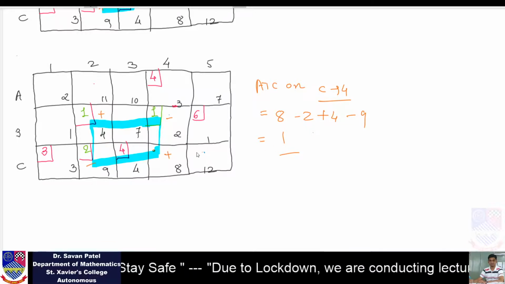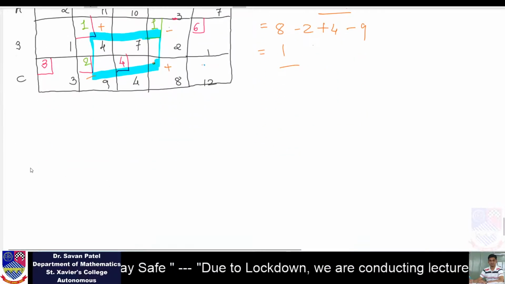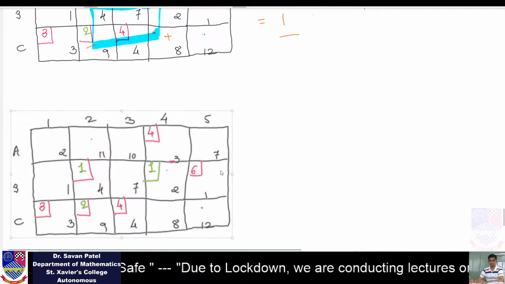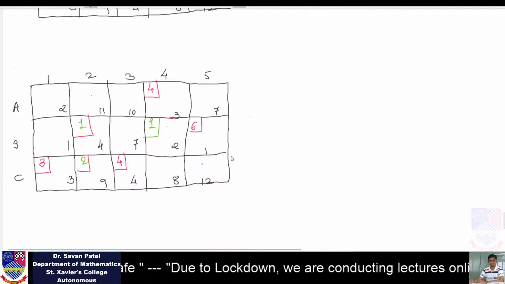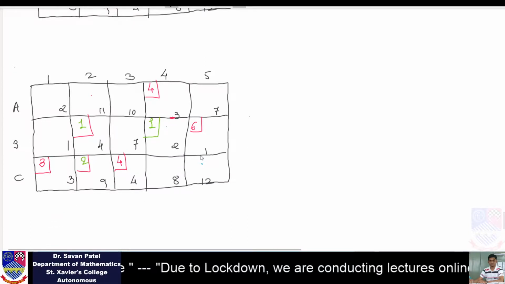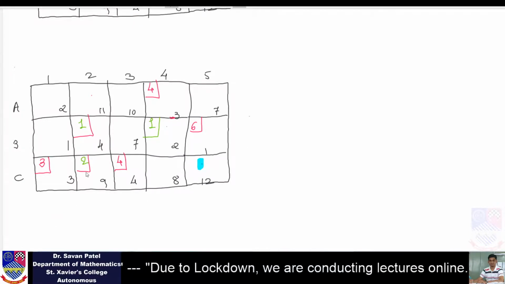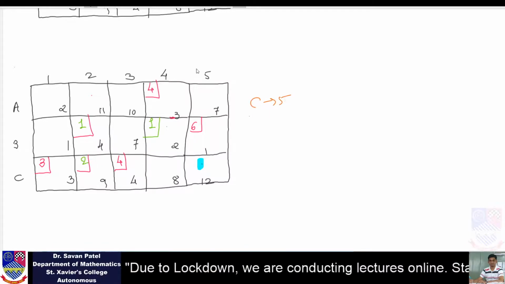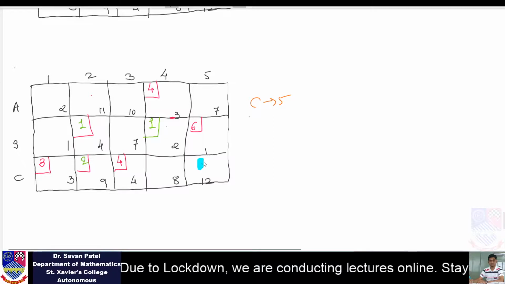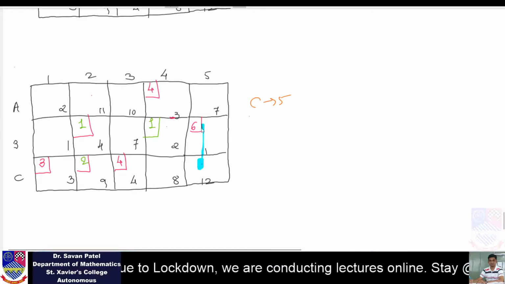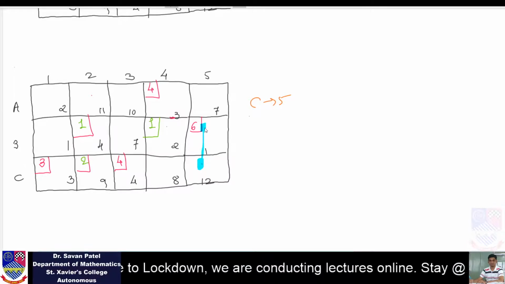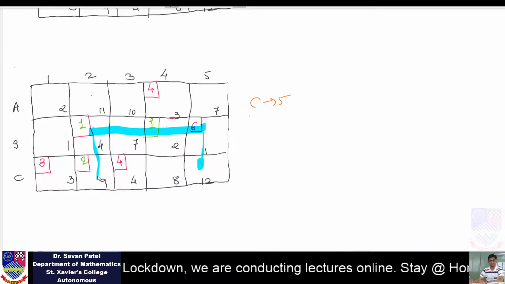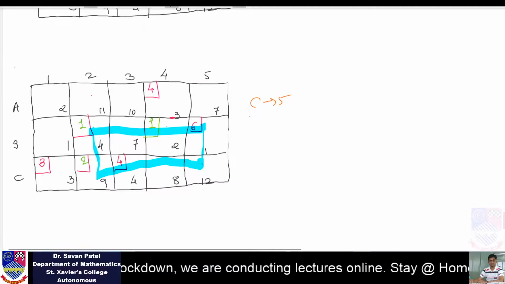We are left with the last cell, that is transporting from C to 5, which we have to check. So let me check that. So if we are transporting from this point, that means C to 5, in that case, the only allocated cell in this direction is this. From that, we can go here, to this allocated cell, from there here, and we come back.